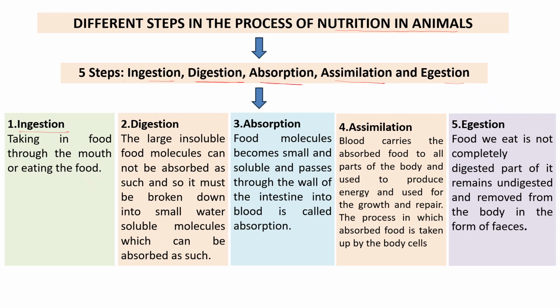Digestion is the breakdown of large insoluble food molecules, which cannot be absorbed as such, into small water soluble molecules which can be easily absorbed. Absorption is that when the food molecules become small and soluble, they can easily pass through the wall of the intestine and enter the blood.